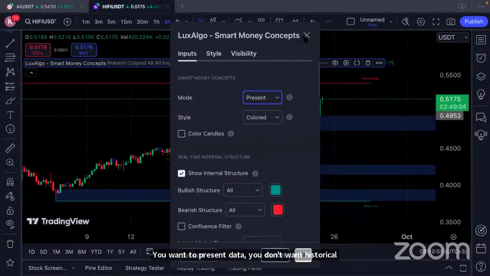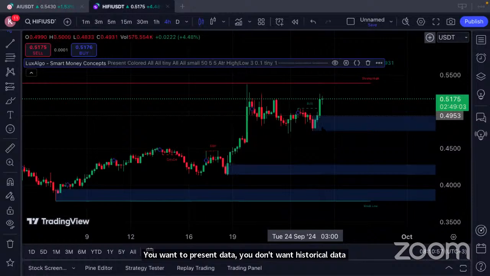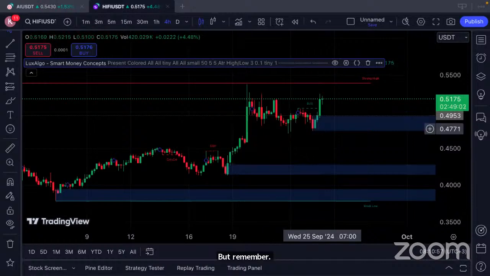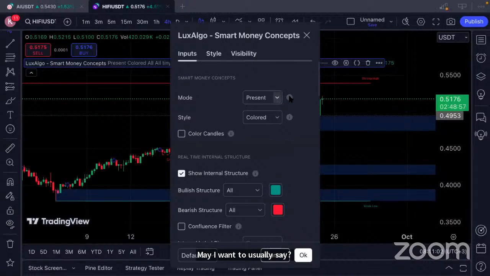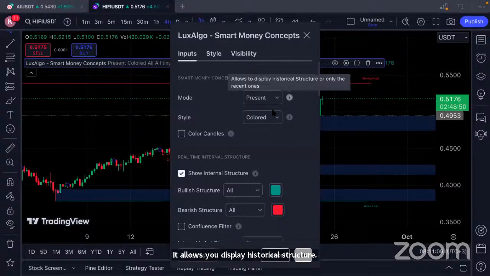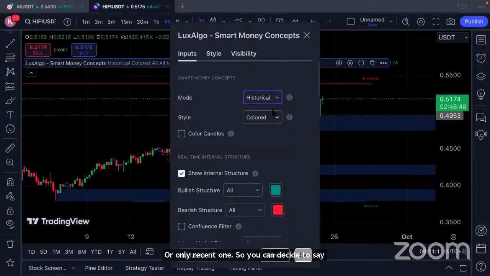But remember, friends, I usually say that trading is basically using past data. Here, it allows you to display historical structure or only recent. So you can decide to say, I want to make sure that the indicator helps me see the history first.